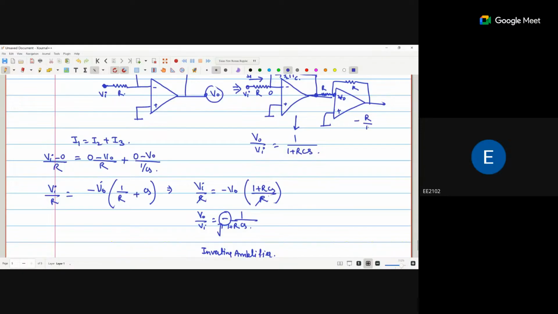Minus R by R into Vx, if I say this is Vx. So minus Vx is equal to V naught. This minus is only for the inversion purpose. Okay, unity gain inverting amplifier, so that only provides the 180 degree phase shift. So this minus sign will be eliminated by this operation. Okay, so this is your low pass filter.